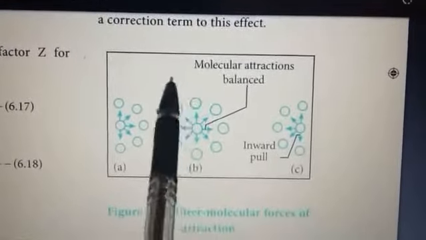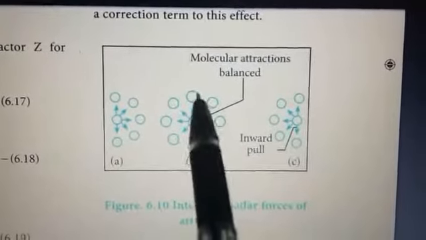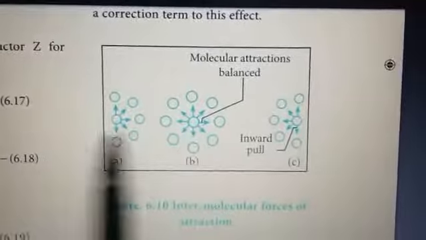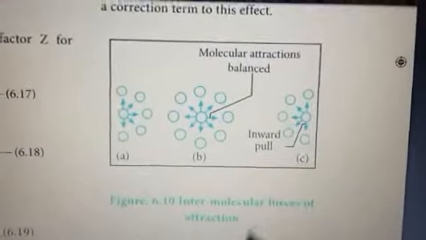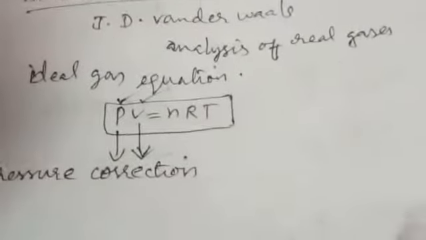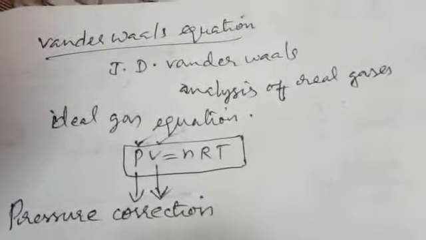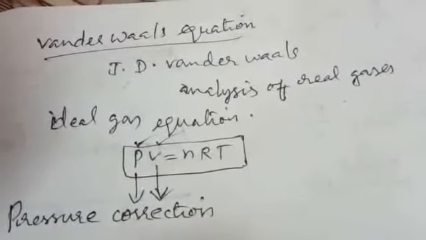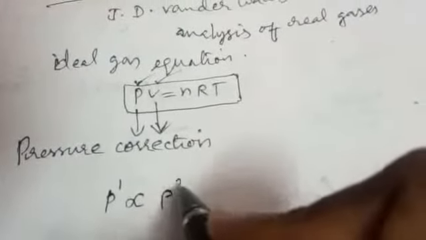You see the corrections in the diagram: in the center, molecular attraction is balanced, while towards the wall the attraction is unbalanced. The intermolecular force of attraction is directly proportional to the square of the density of the gas. That means P dash is directly proportional to density squared.